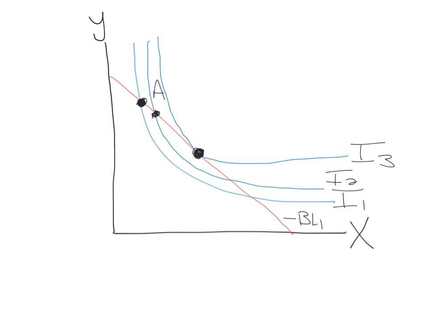So the equilibrium for a consumer, or the point at which the consumer is maximizing the happiness given the income the consumer has, is at a point in which the indifference curve and the budget line are tangent. So it's the last possible indifference curve this consumer can actually achieve given that budget line.